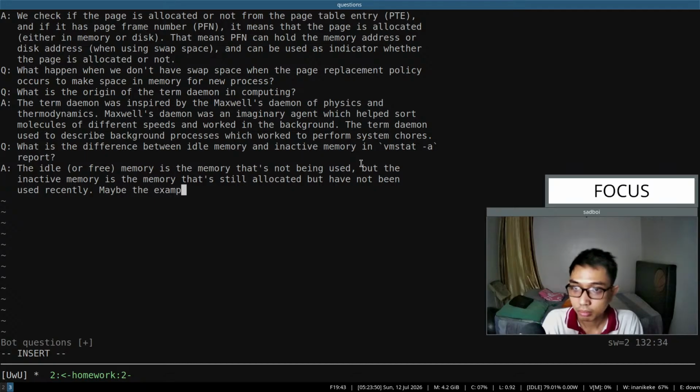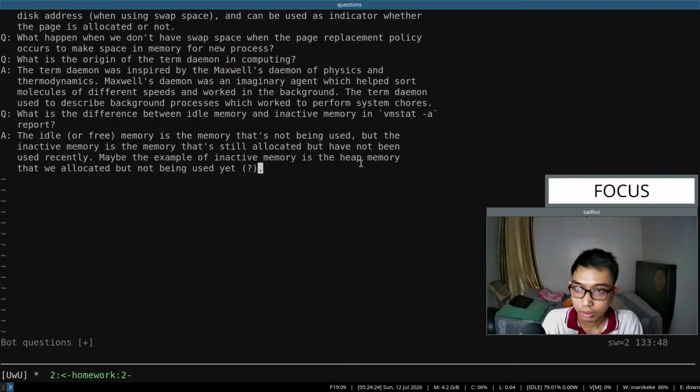Maybe the example of inactive memory is the heap memory that we allocated but not being used yet. Question mark, because I'm not sure if this example is true or not.